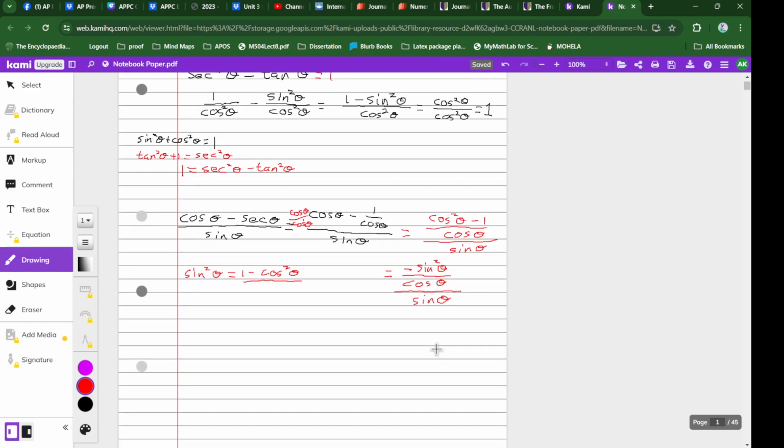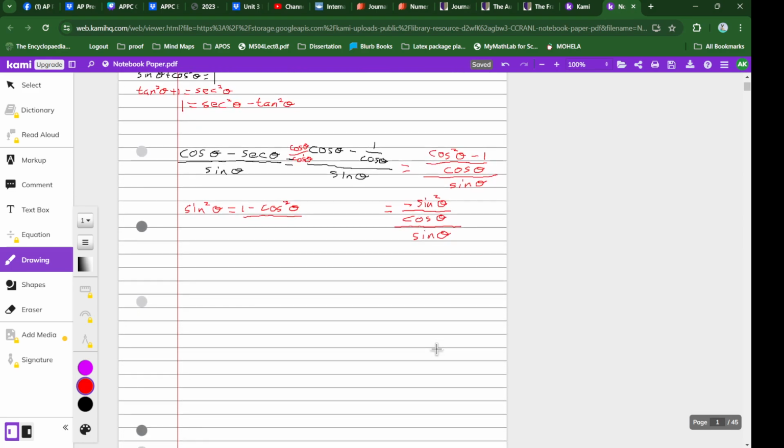Depending on how comfortable you are working with fractions, you might want to write this out, you might not, but negative sine squared theta over cosine theta times 1 over sine theta, because if I divide by sine, I multiply by the reciprocal.